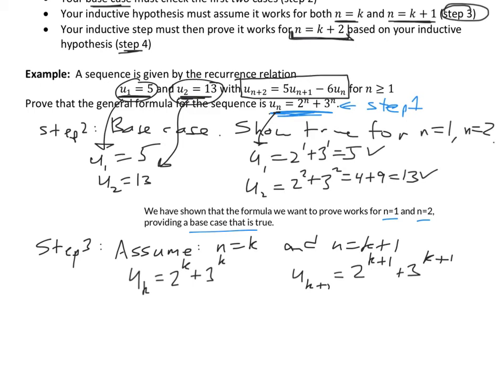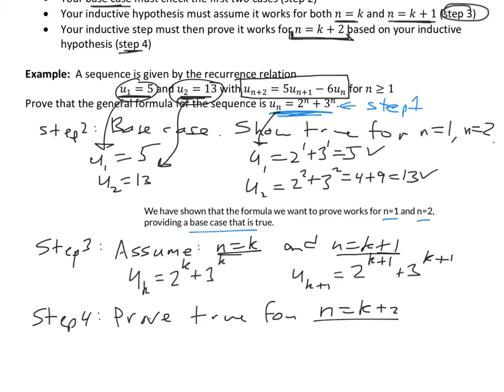And remember, we're definitely going to use these in important ways as we move into step 4, the inductive step. In step 4, we want to prove it's true for n equals k plus 2, because remember we assumed that it was true for n equals k and n equals k plus 1.